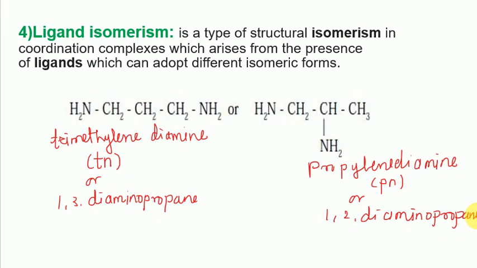If these ligands are attached to the central metal atom or ion, then they give isomeric complexes. We can write the formula for the same.